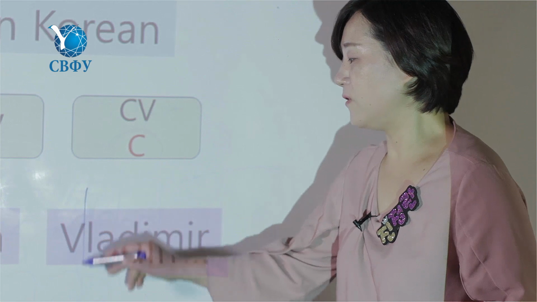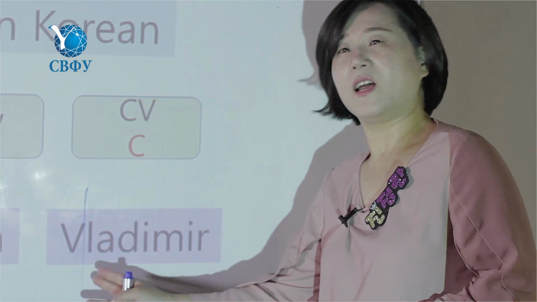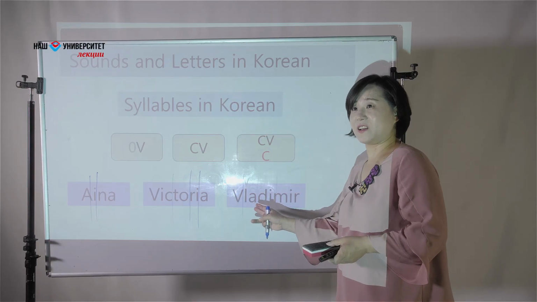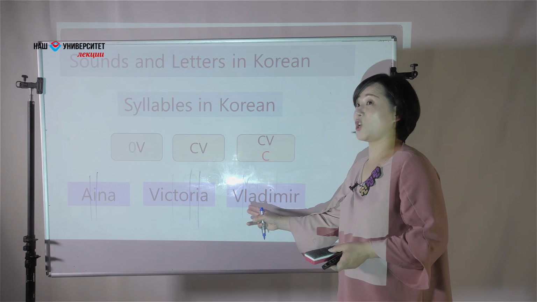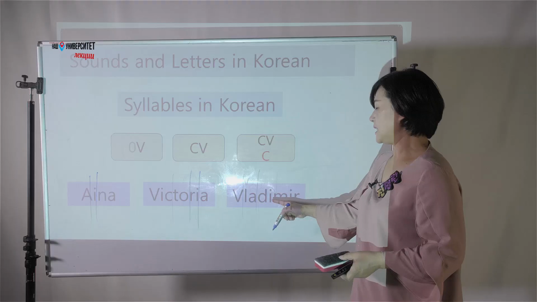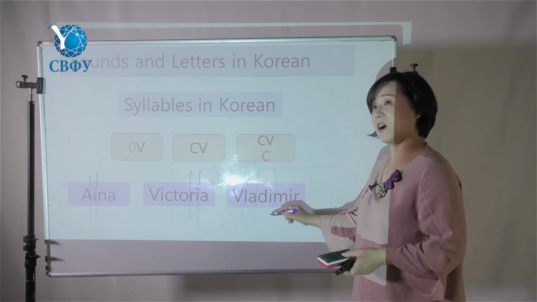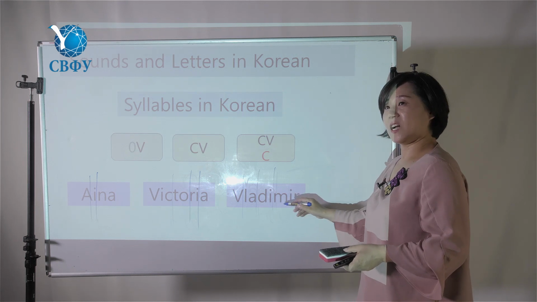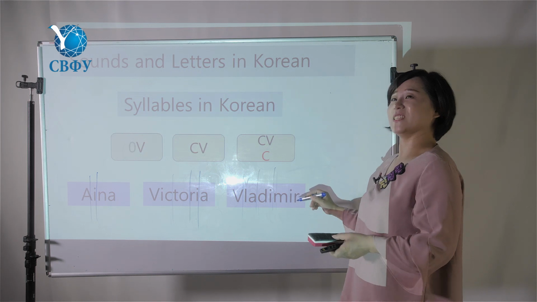V, but we don't have this kind of writing style in Korean. Let's talk about it later. Then move to the second. La, consonant and vowel. D, consonant and vowel. Mir, consonant, vowel, and consonant.